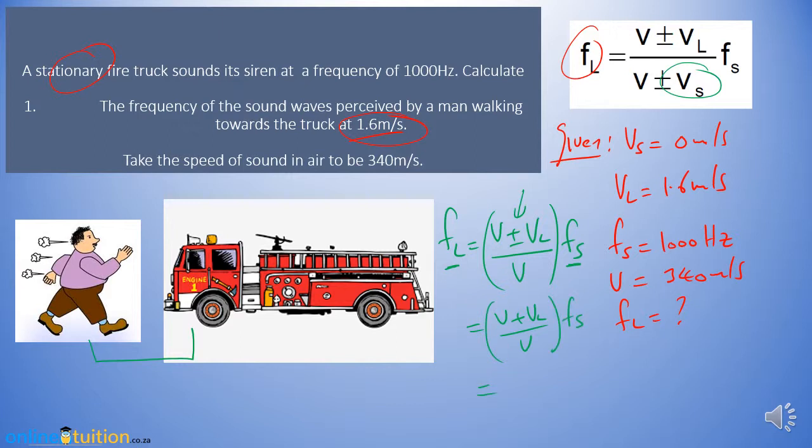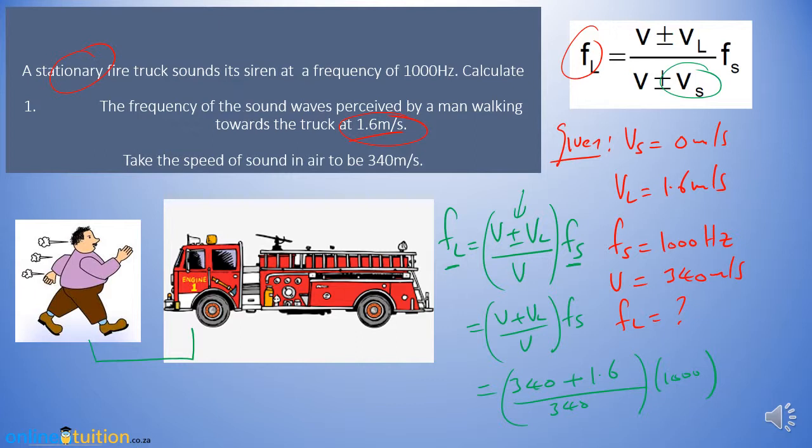Let's put in the numbers. V was 340, the speed of sound. The listener is moving at 1.6, all over 340, and the original signal was 1000 hertz.